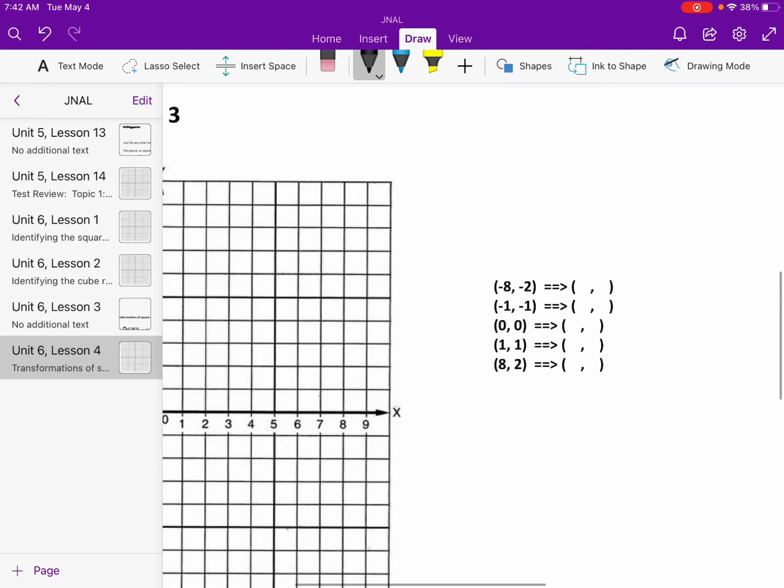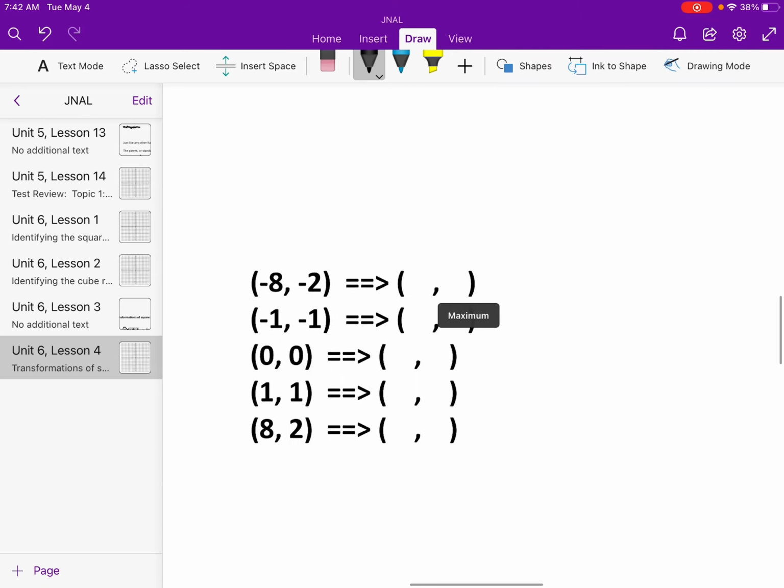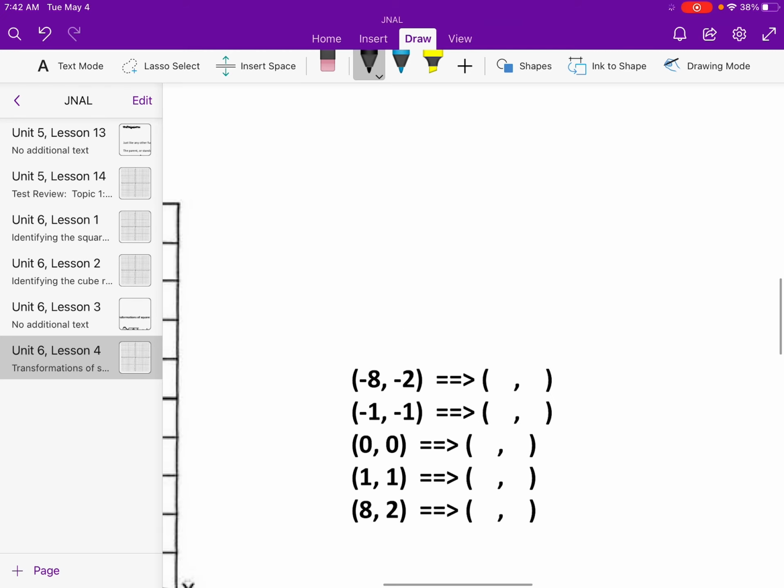Now, let's see what we would have to do to these points. With a vertical compression of 1/2, we have to do y divided by 2, or really 1/2 times y, same thing.